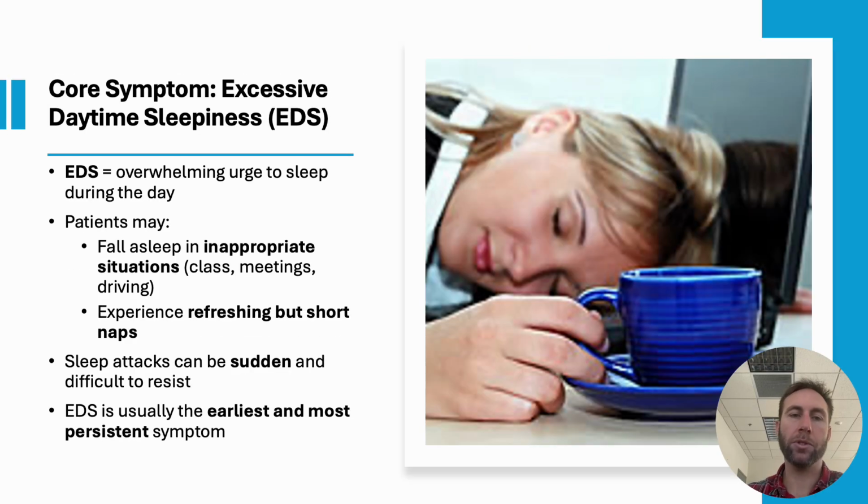So the core symptoms, of course, are excessive daytime sleepiness. And patients describe this as an overwhelming urge to sleep, even after what looks like, for them, a normal night of sleep. And they can doze off anywhere, in class, at work, or even while driving. And brief naps are often very refreshing, but the sleepiness keeps coming back.